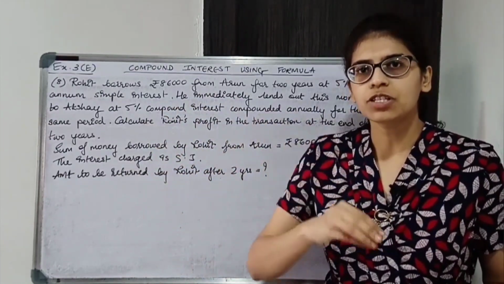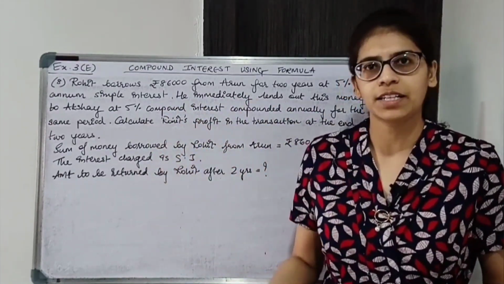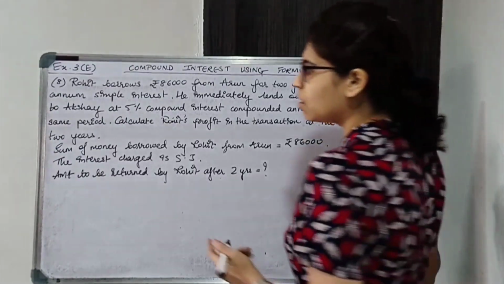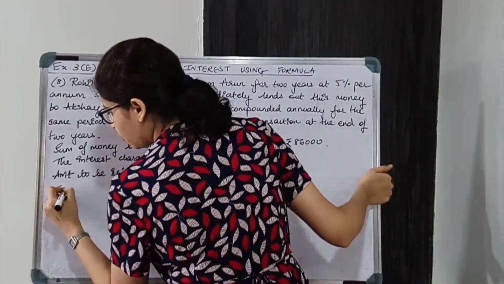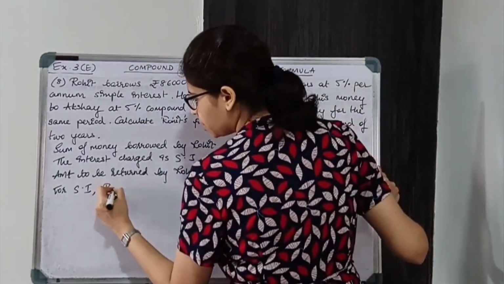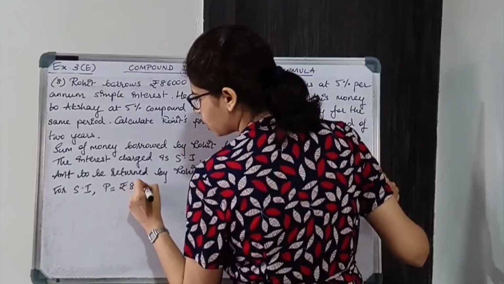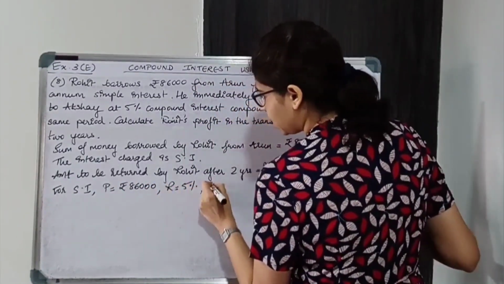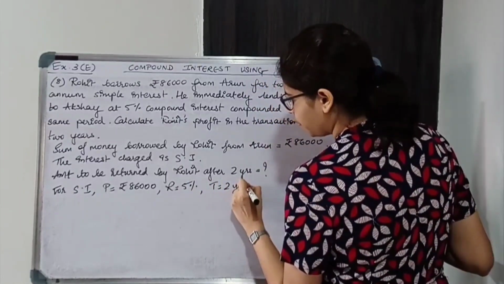Original sum plus interest will give you the amount that he has to return. Alright, so we need to find simple interest first. So for simple interest, what information do we have? Principal is rupees 86,000, rate of interest is 5% and time period is 2 years.